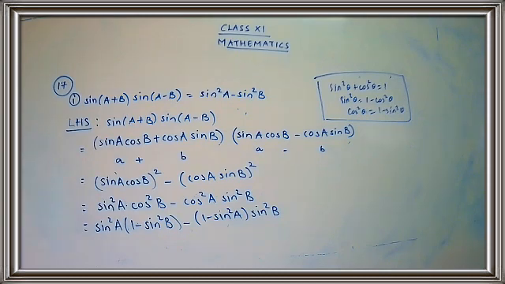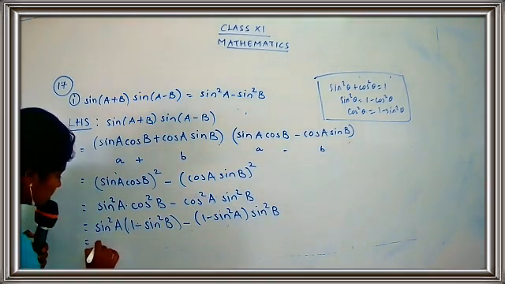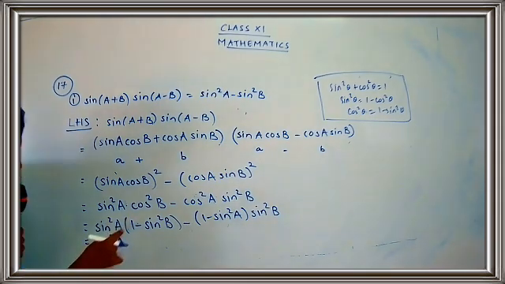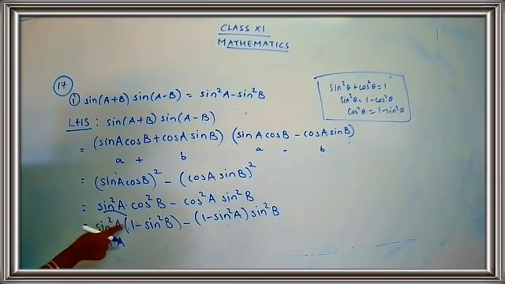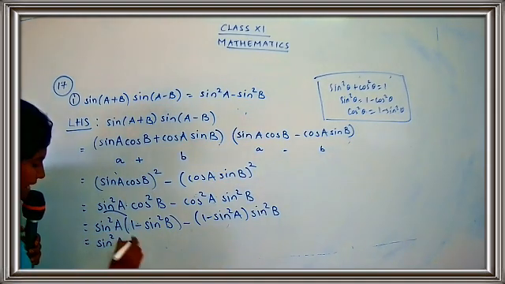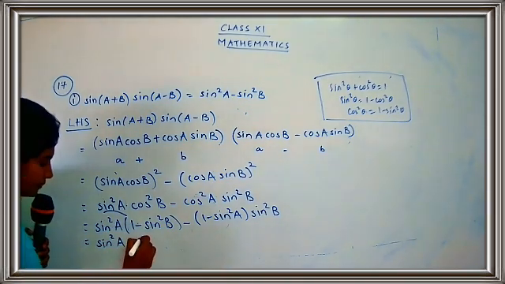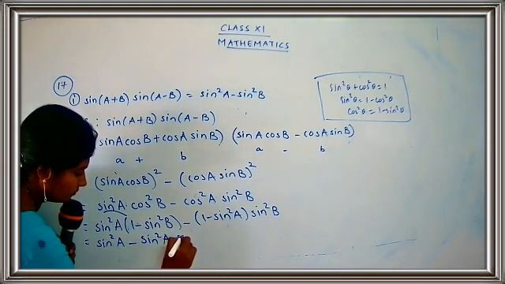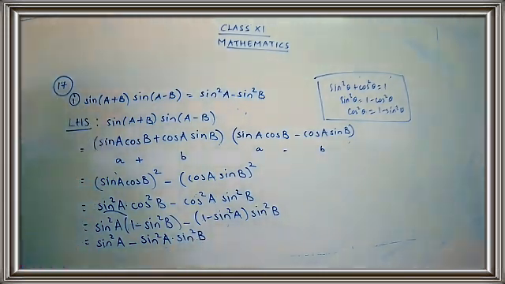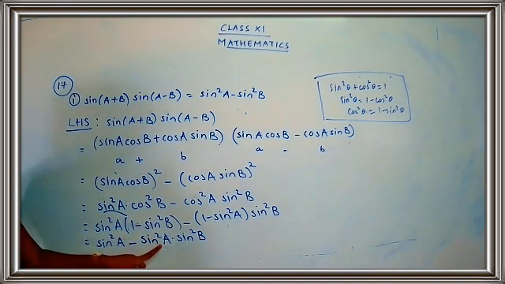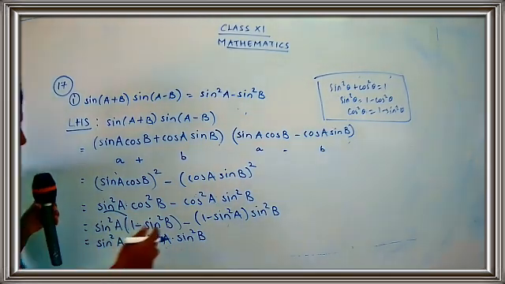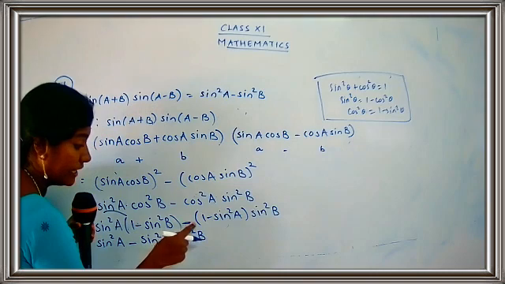Clear? Now let's open the brackets and simplify it further. We get sin²A into 1 as sin²A, minus sin²A into sin²B. Here only one minus sign is there, so I'll put a minus sign: sin²A into sin²B. Now coming over here, this is minus. Okay, children, be careful.